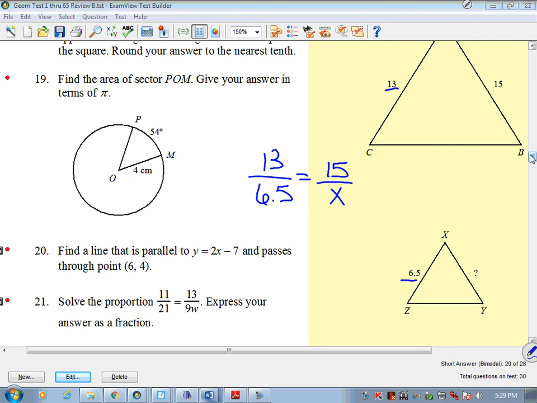So 6.5 times 15 is 97.5, divided by 13 comes out as 7.5. X equals 7.5. Okay, because they're similar. All right, that's 22. They don't use an S there, so it's a little confusing. I would take x equals 7.5. Show your work.